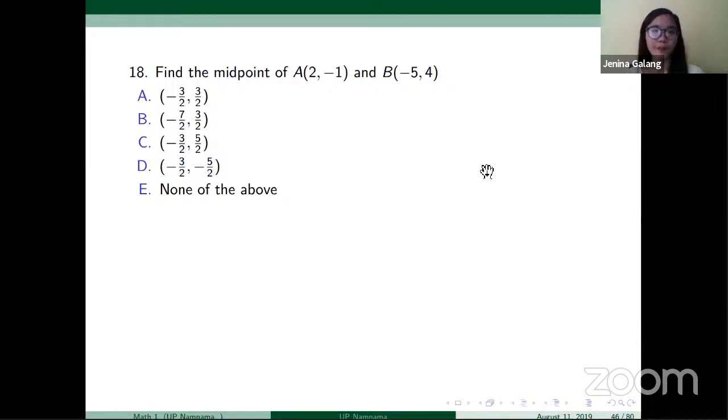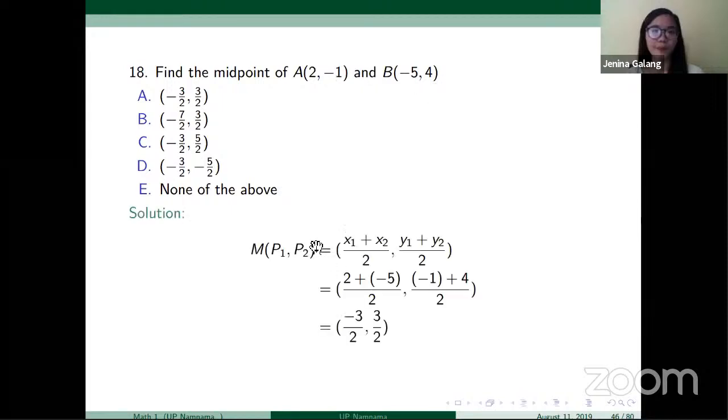So, next, number 18. Find the midpoint of these points, 2, negative 1, and negative 5, and 4. So, yung formula ng midpoint natin is this.